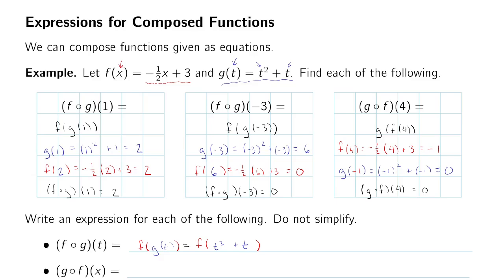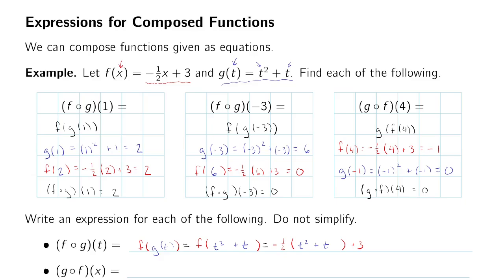Well, what does the function f do? The function f says take negative a half times my input plus 3. And now my input is t squared plus t. So now we have an expression for f composed with g of t.